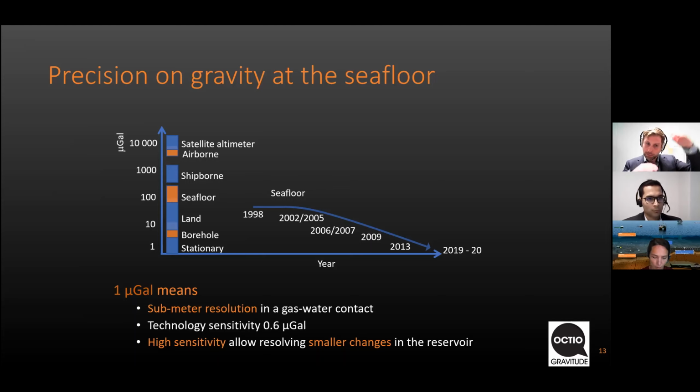So by improving the precision, we can see smaller things. This is the reason why technology development in this domain is so important. And this is also the reason why in some places you can have a sub-meter resolution when talking about the gas-water contact.